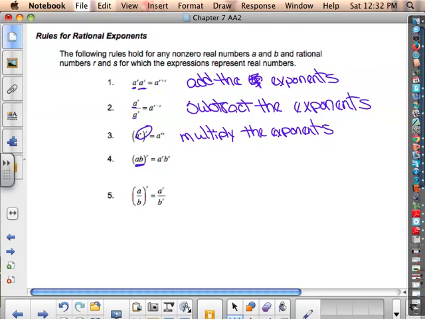And also, the last one, number 5, when I have two different bases raised to a power, I can rewrite that as each base raised to that power separately, and I can move back and forth between these two representations depending on what my problem looks like.